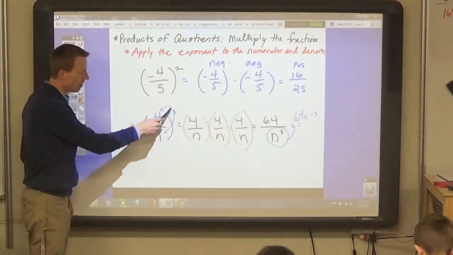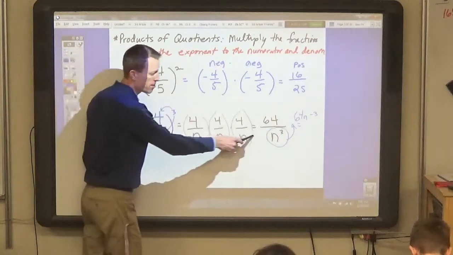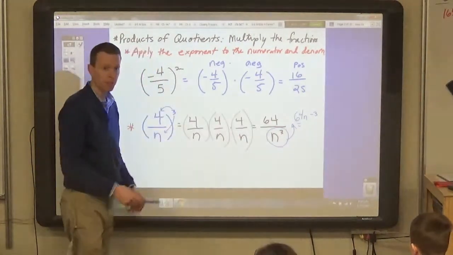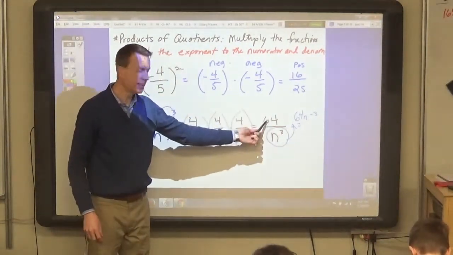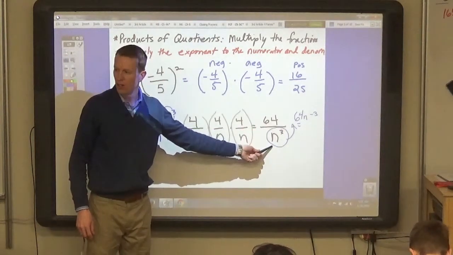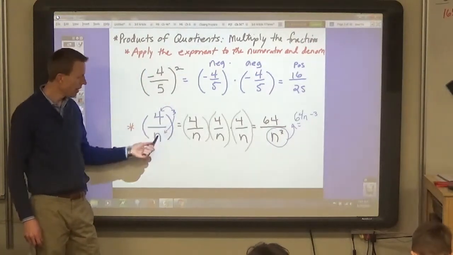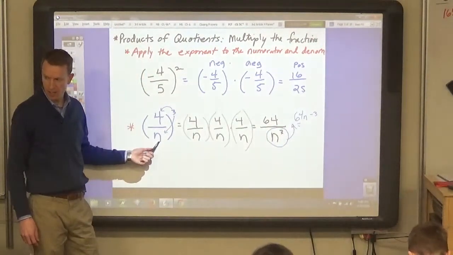And n in the denominator to the third power is, yep. So either you write it as 64 over n to the third, because the n is in the denominator. So 3 goes with the n in the denominator.